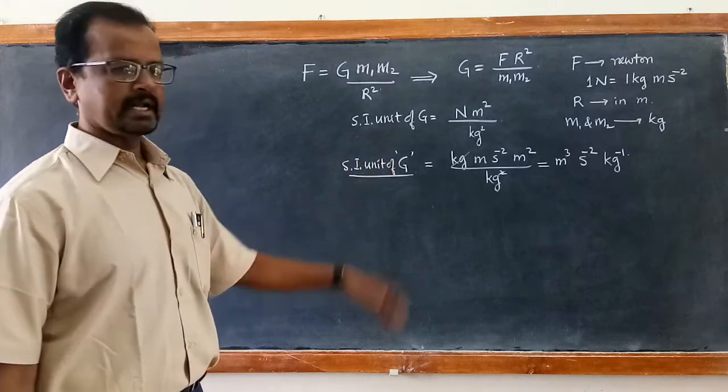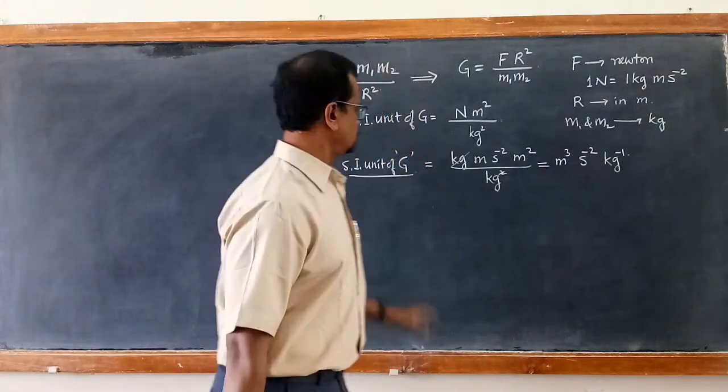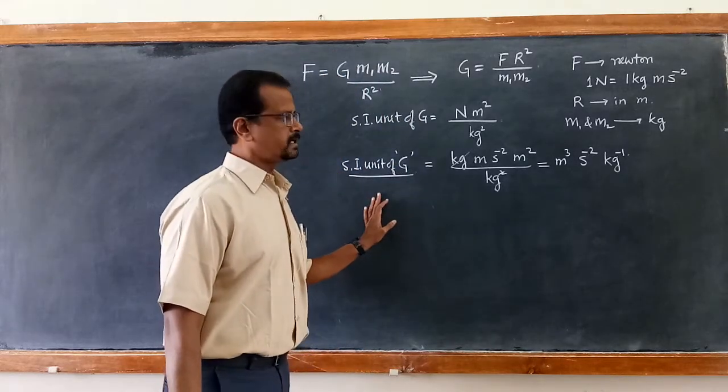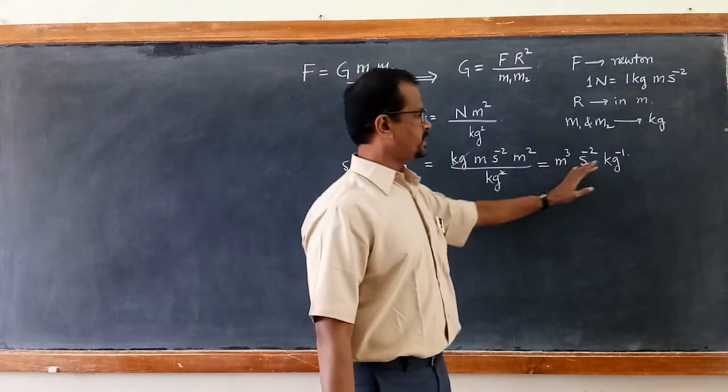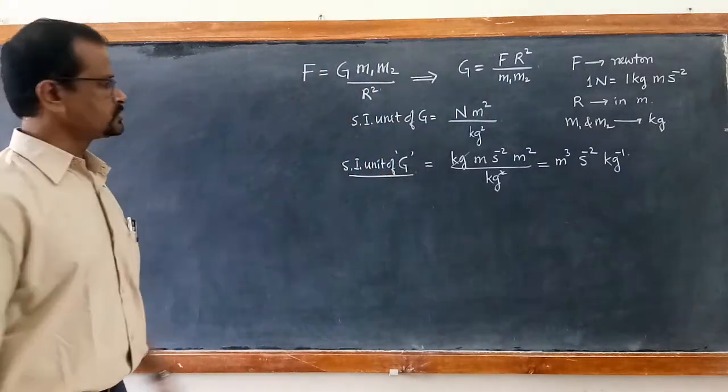Now you can very easily write, because these are the base units. The gravitational constant is expressed in the base units, fundamental units. Directly one can write the dimensions now.